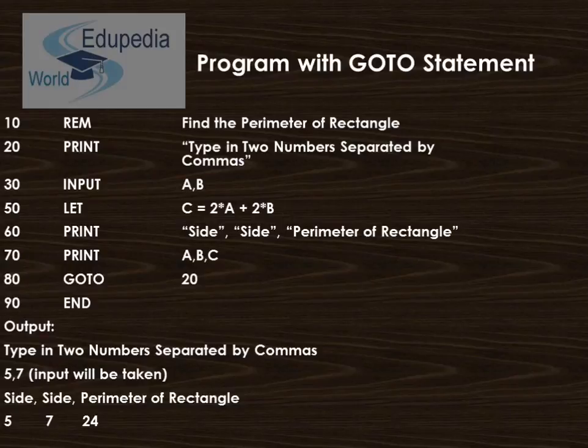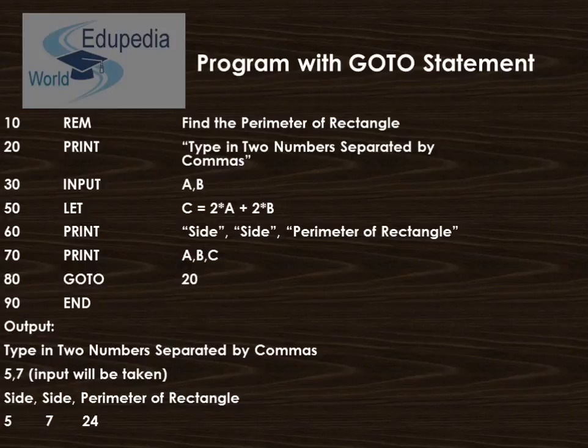If we see the final output, we will have the two sides, and then the perimeter of the rectangle. But here comes the control statement, where the control will shift to GOTO 20. So it simply takes us again to line number 20.